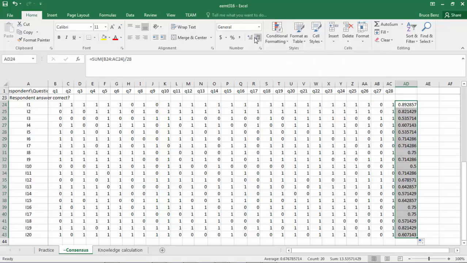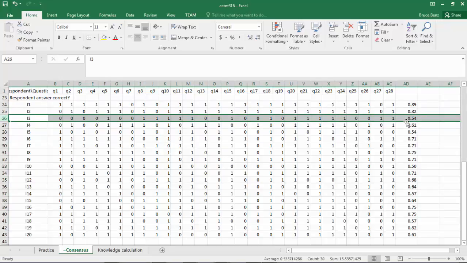We can call this a quasi-consensus score because it tells you that informant 1 answered the same way as most respondents 89% of the time, while individual 3 responded in the same way as the modal responses of the group only 54% of the time.